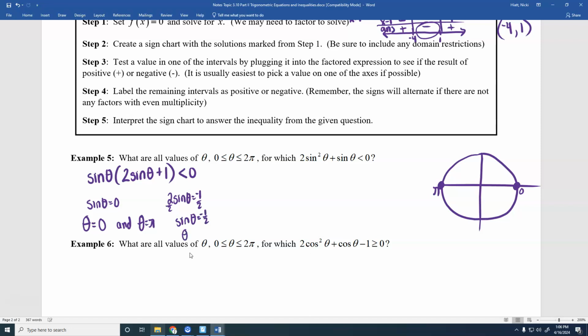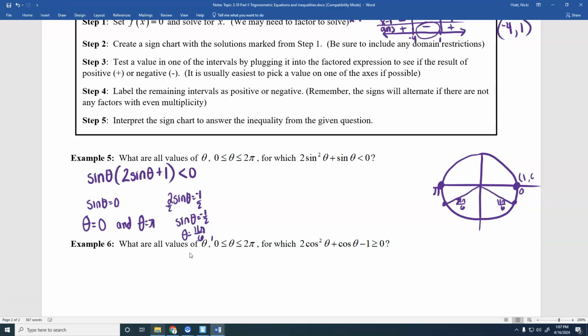Where does that happen? 11 pi over 6 is one of them. Where's the other? And 7 pi over 6. Oh wait, that's 7. This one's 11. And I'm going to put my coordinates here.